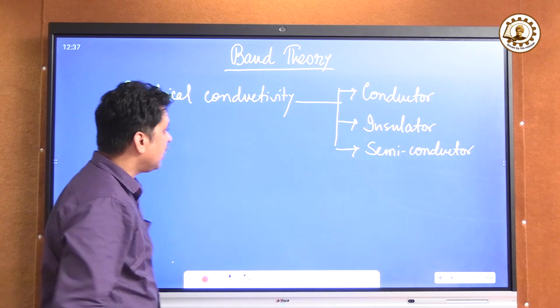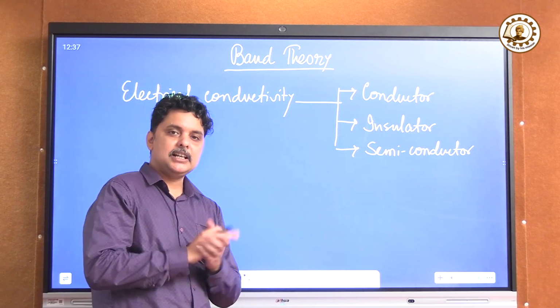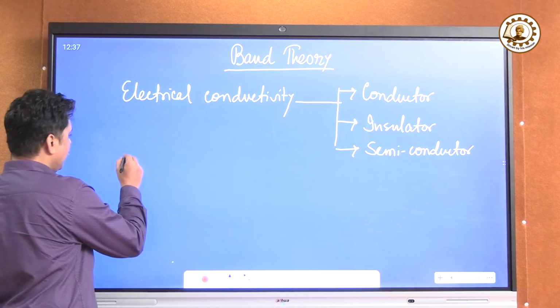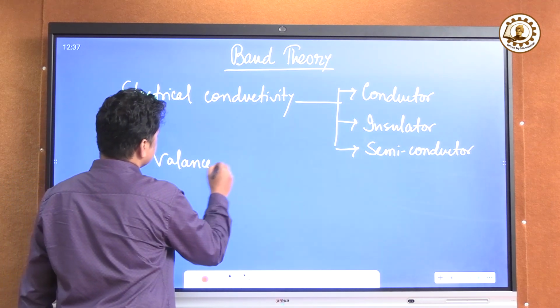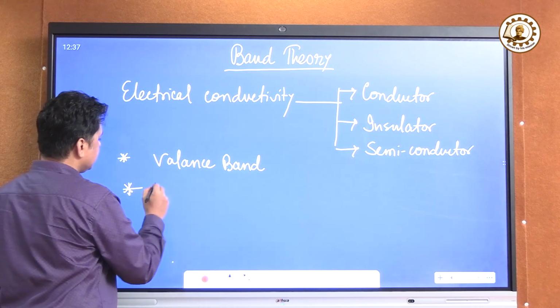So first of all, a conductor, what is this? According to band theory, in a solid material there are two types of bands. One is called a valence band and another one is called a conduction band.